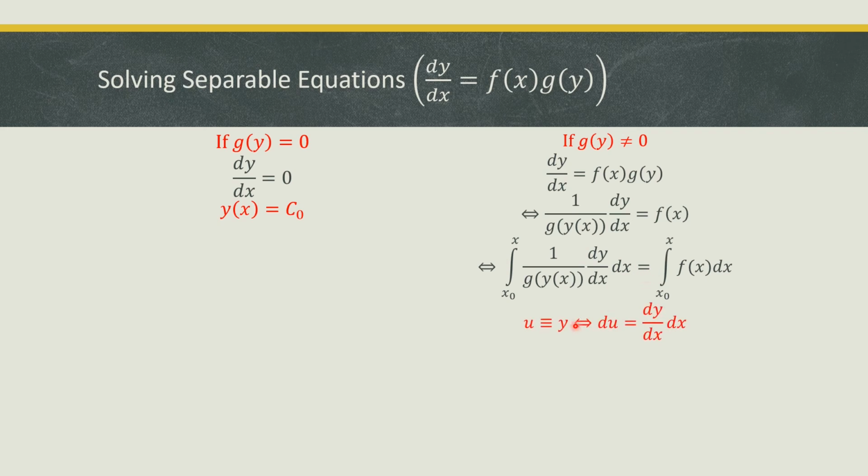Now we do the substitution u equals y, and if we do that, we have the following differential, du equals dy/dx dx. And we have y sub 0 equals u of x sub 0 equals y of x sub 0. If we use these substitutions, we obtain the following.